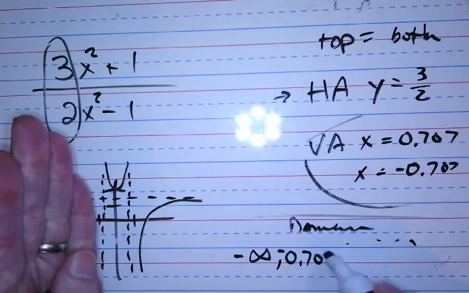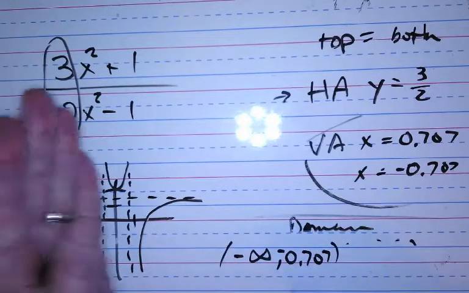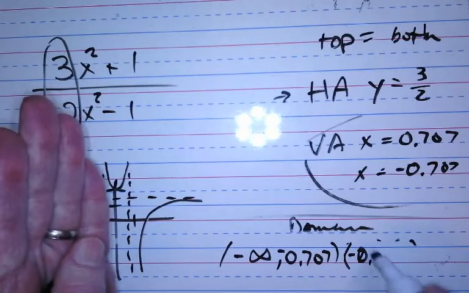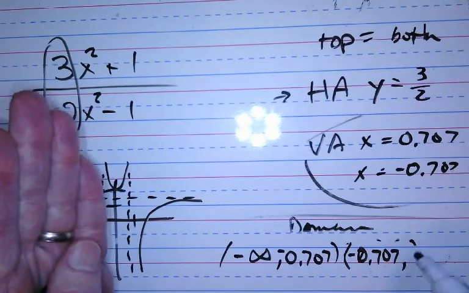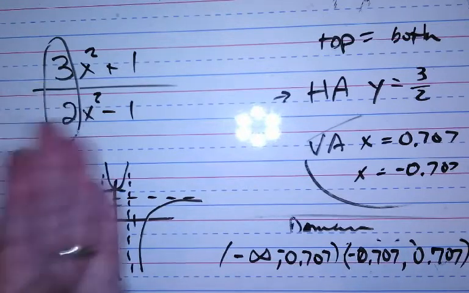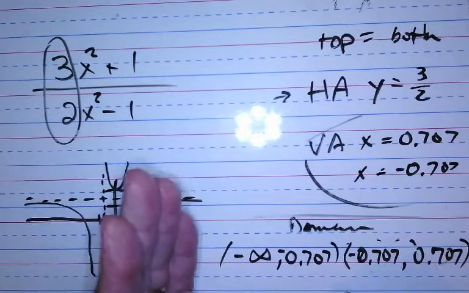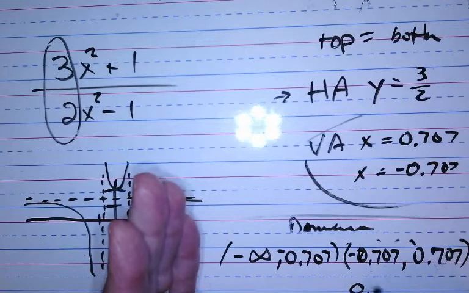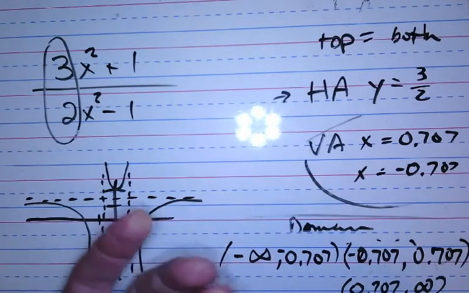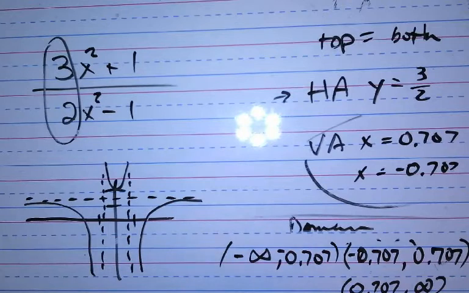Coolness. And then there's a picture in between there, negative 0.707 to positive 0.707. And then from that one to the right, from positive 0.707 to infinity. So if there's 3 pictures, there has to be 3 domains. That's what we want.